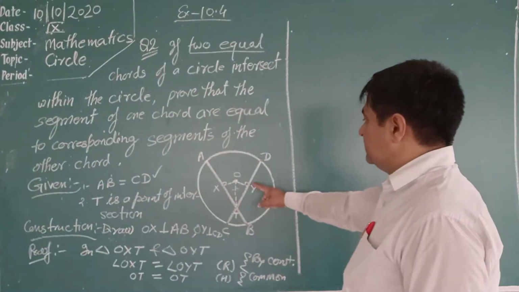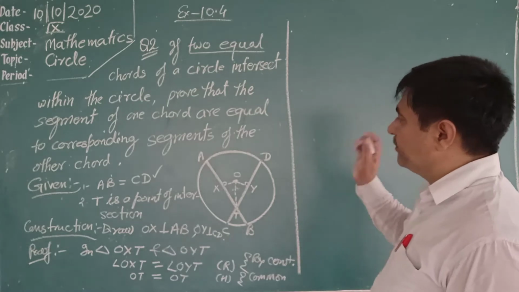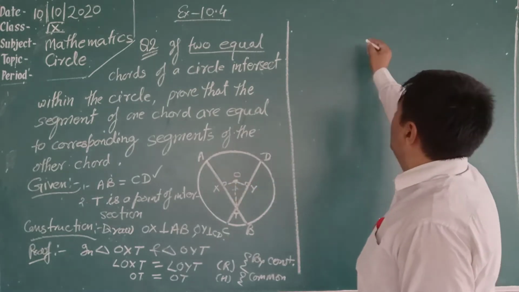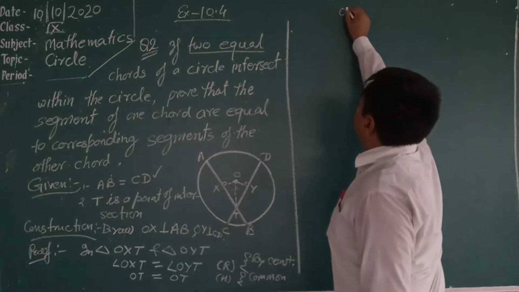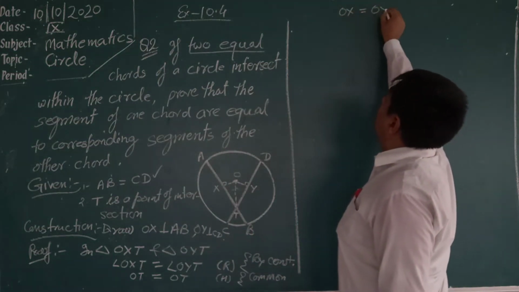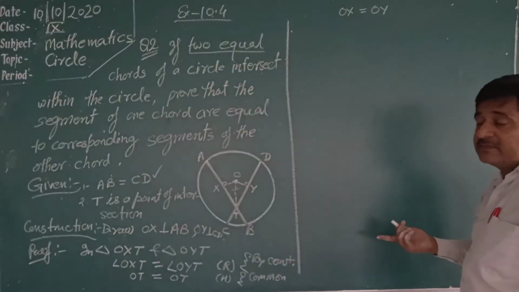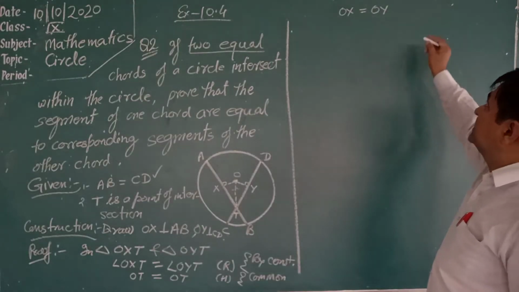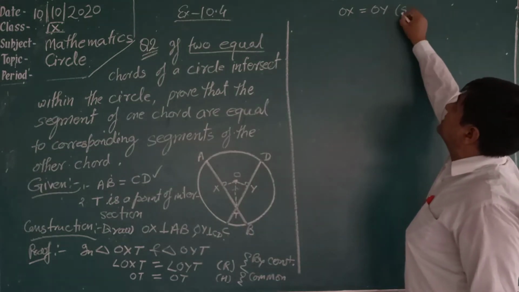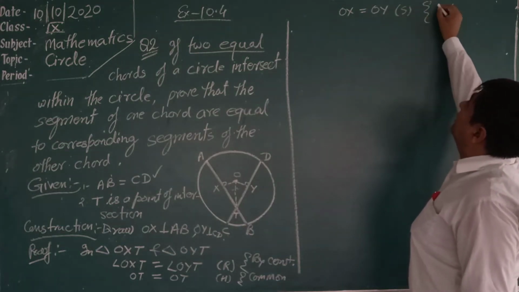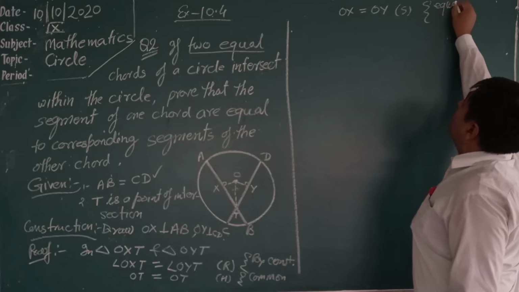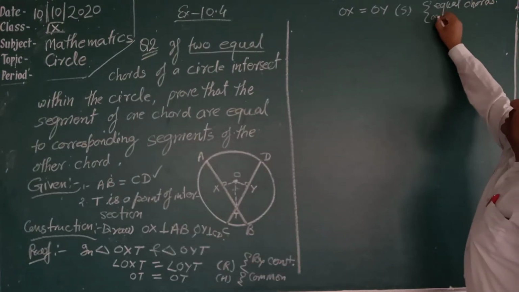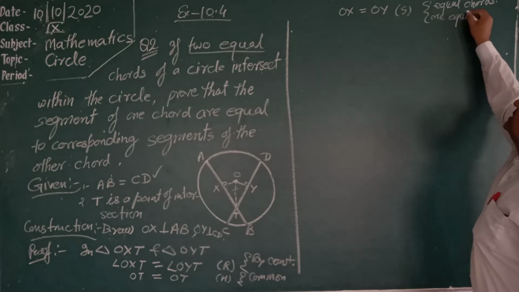And next, OX is equal to OY. Why? Because equal chords are equidistant from the center, and this is a side.